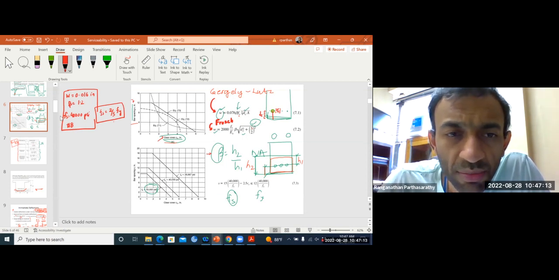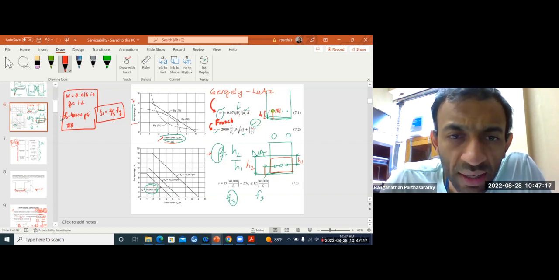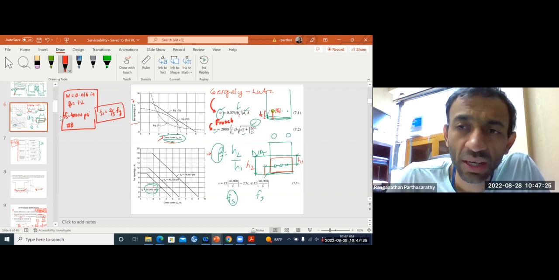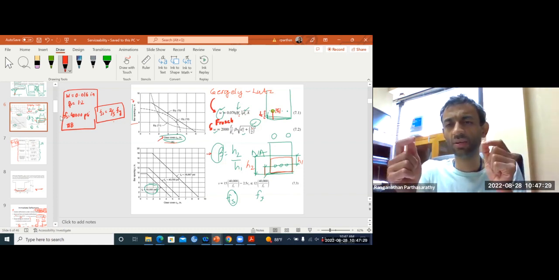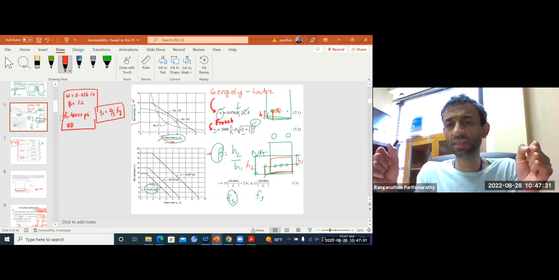What is the maximum bar spacing you can get for a particular clear cover? If you increase your clear cover, then your bar spacing has to come down, because as I said, if you have a bigger clear cover, your crack widths become bigger.